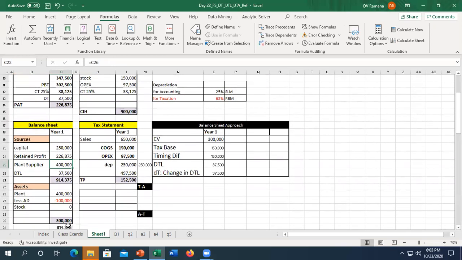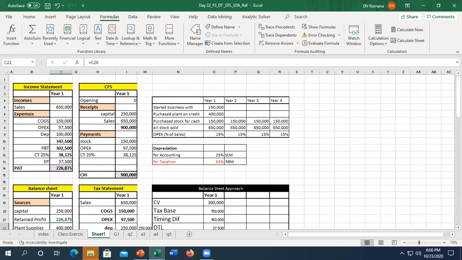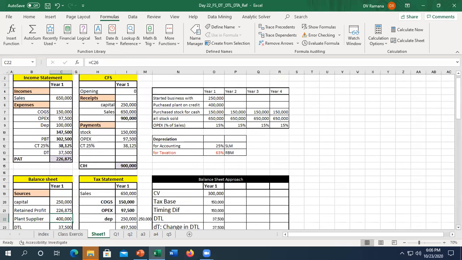If there is no change in the stock and no change in any other liabilities like plant supplier, now we have transferred the entire profit after tax to the balance sheet. Now let us find the cash in hand. The cash in hand is equal to cash available minus the cash payments.